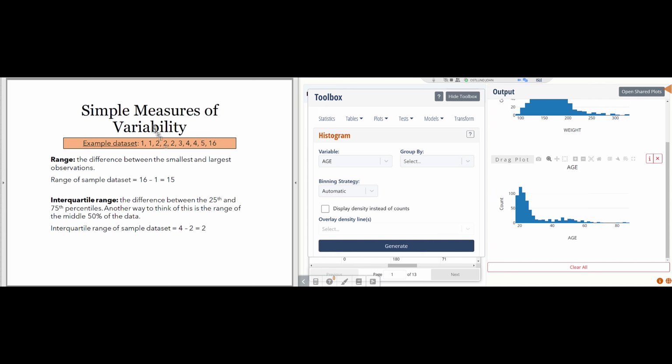So, how do we measure this variability? There are various ways, and I mentioned them earlier. One way is the range of values, which isn't really that helpful. In our example data with these 10 values, 1 up through 16, if we just take the highest value and subtract the lowest value, the range of values in here is 15.